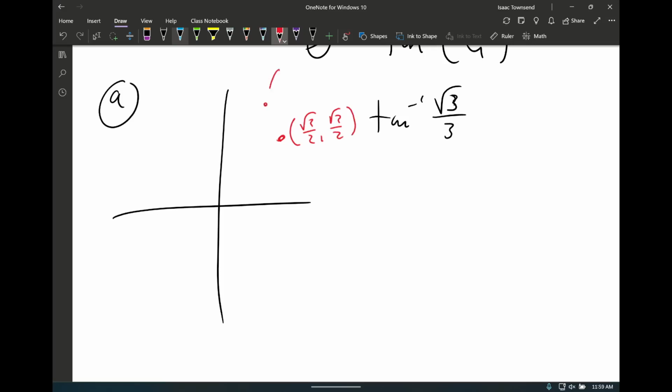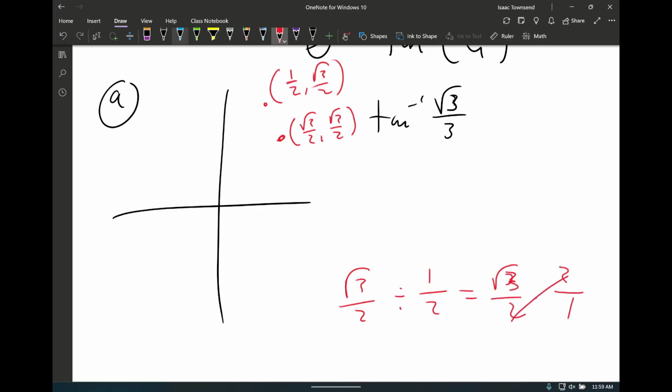You could try this spot. Out to the side, you'd have to do sine divided by cosine. Is that going to give you what you want? No, it's not. Okay, so then you got to try something else. This is why I said it might be worth memorizing the tangent value so you don't have to waste so much time here.